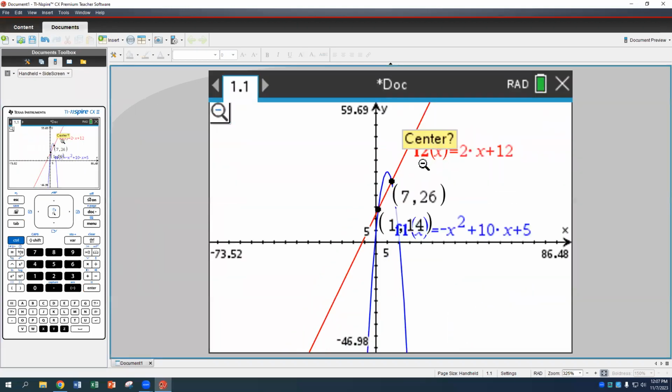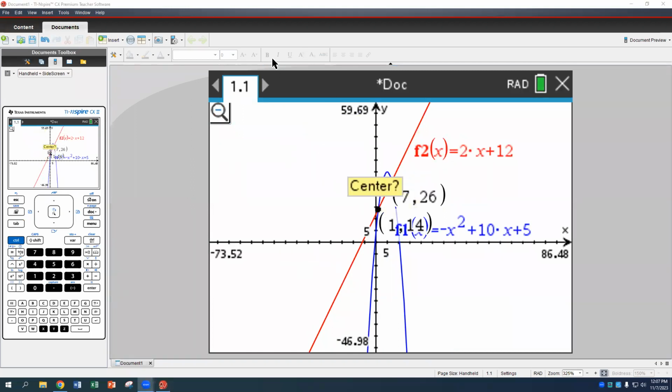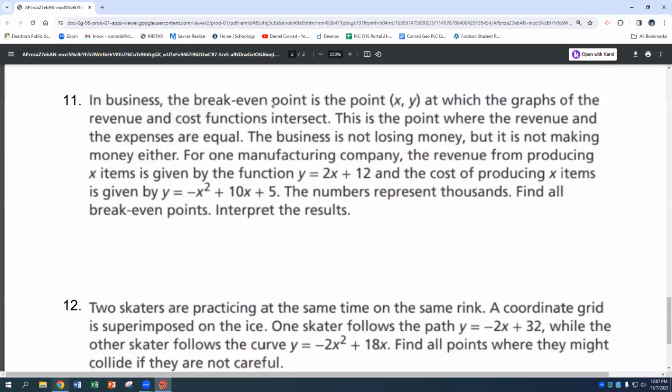So let's see. Right here. Okay, and I have my two solutions, 1, 14 and 7, 26. 1 comma 14, 7 comma 26.